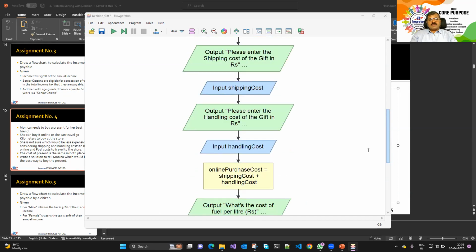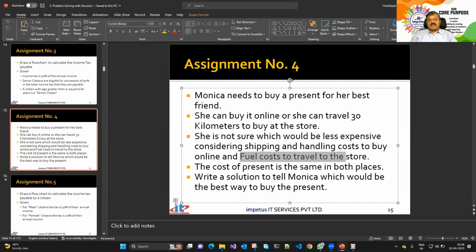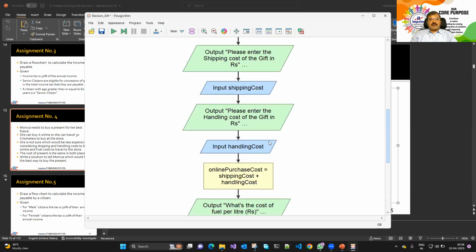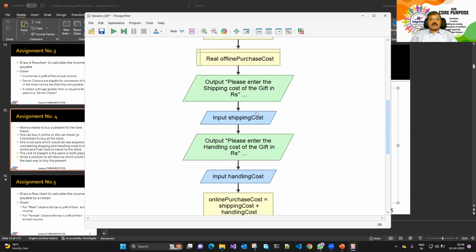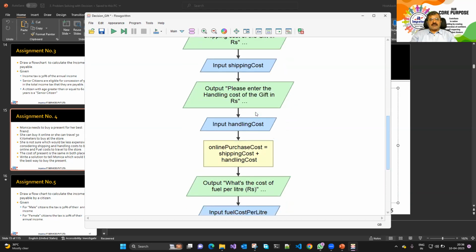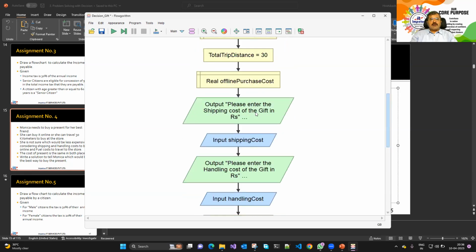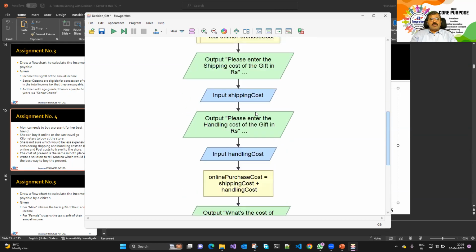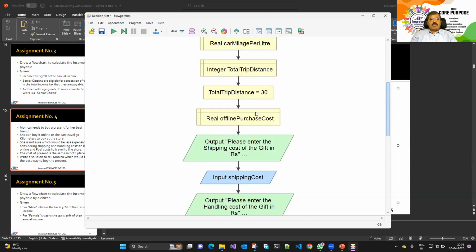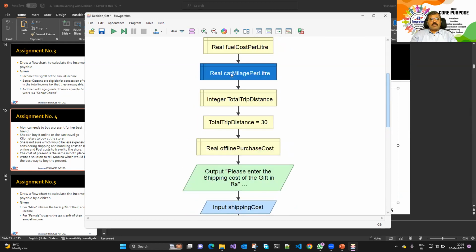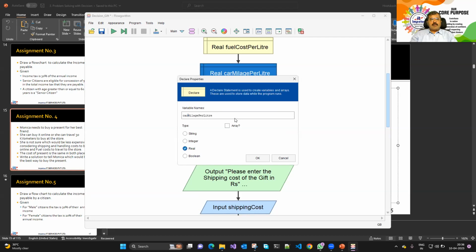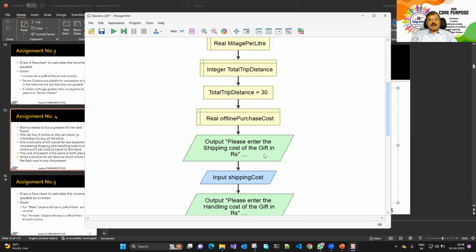Now, since it was about the fuel, that means obviously she's going to travel by her own vehicle. It could be a car, it could be a vehicle. So I could just use the word vehicle instead of saying car. It could have been a truck also, who knows? It's per liter. That's it. So whatever, we don't really care.